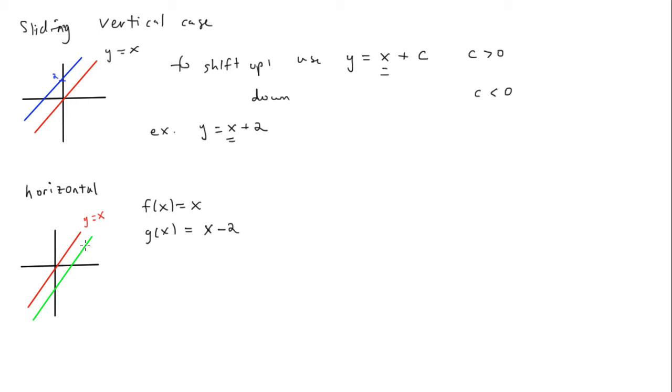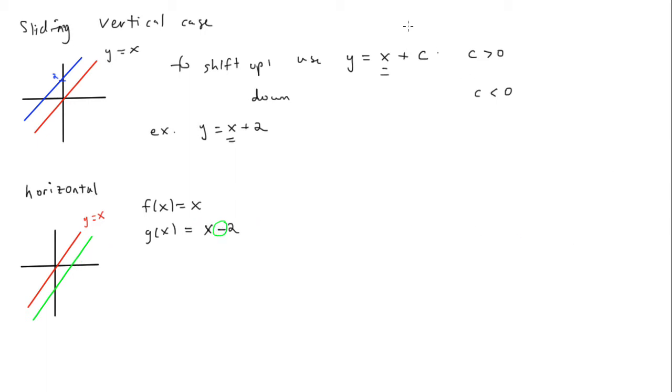How else could we describe the relationship between this green line and the red line? Well, it also looks like the green line has been moved to the right 2 units from the red line. So you can either think of it as having gone down 2 units or to the right 2 units. And this is where the annoying thing happens, because we had a minus there. And if we think about what going to the right should look like, our gut tells us that it should be adding, but in fact it's actually subtracting.